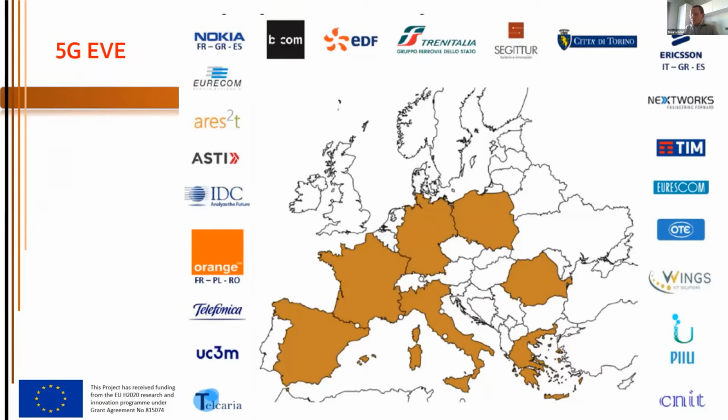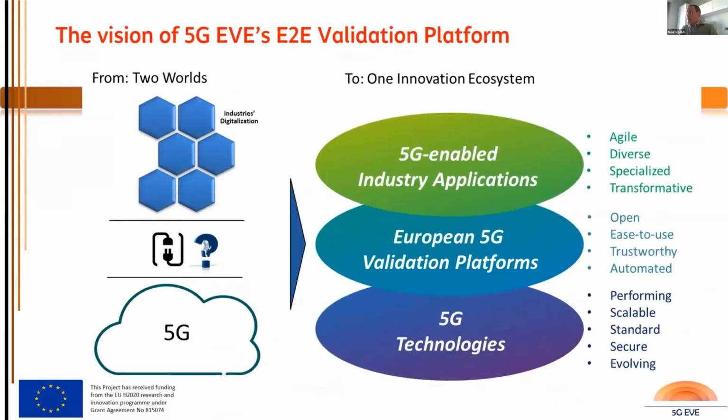We also have very big players, one big operator for every country: Telecom Italia in Italy, Telefonica in Spain, Orange in France, and OTE in Greece. We also have very important suppliers, Nokia, Ericsson, and a selection of the most important European research centers and universities and SMEs. So it's a very large consortium with also a very clear objective.